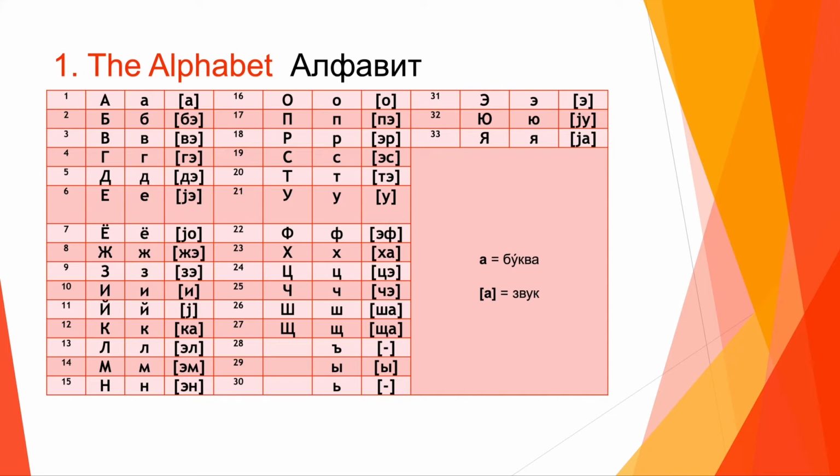А, Б, В, Г, Д, Е, Ё, Ж, З, И, Й, К, Л, М, Н, О, П, Р, С, Т, У, Ф, Х, Ц, Ч, Ш, Щ, твердый знак, Ы, мягкий знак, Э, Ю, Я. Alright, so this is the alphabet.